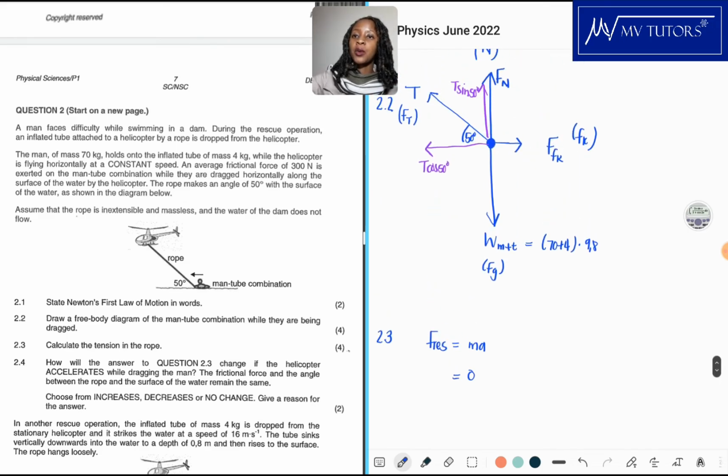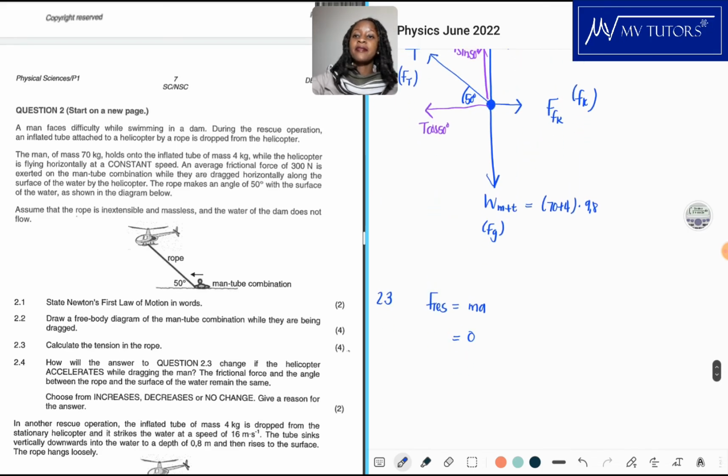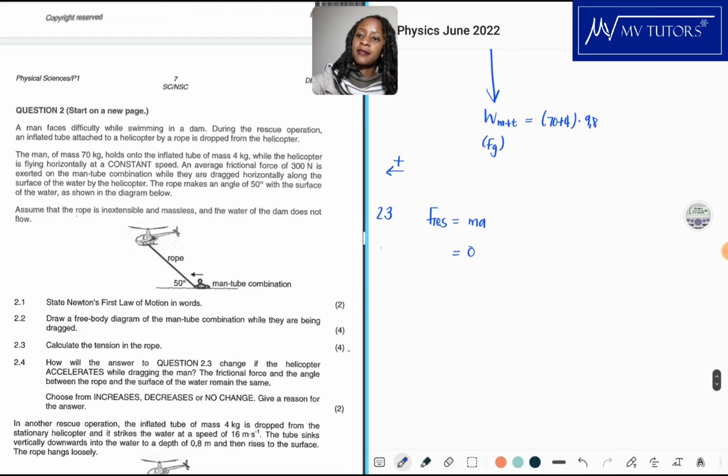And then if we look at our free body diagram, and if I take the left as positive because that's the direction of motion, you can take the right as being positive, it's really up to you. But I will have T cos 50 as positive, and I will subtract the friction force.